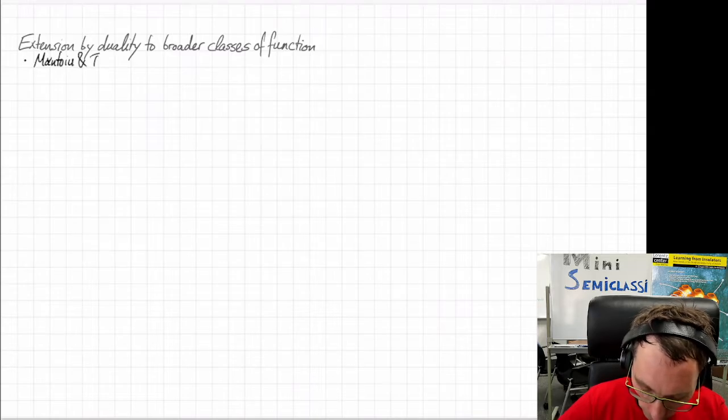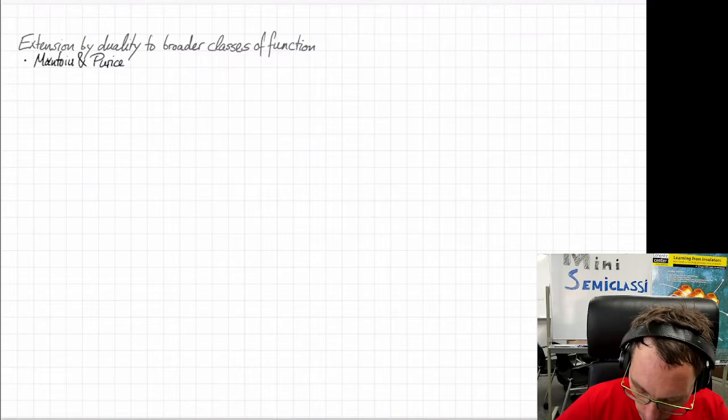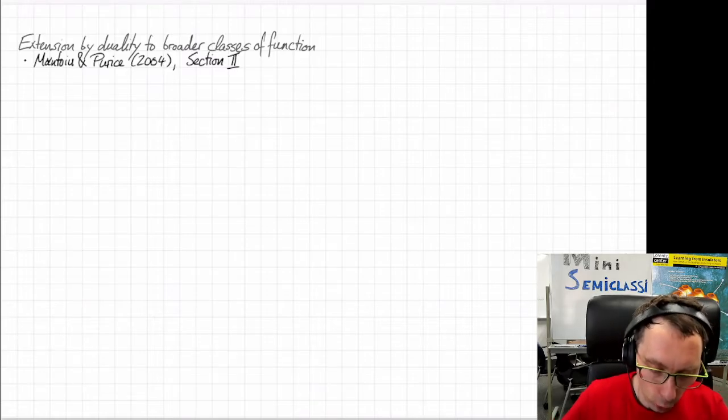In particular, section 2 for the non-magnetic case, and the rest of the paper in case you want to know how to do it with the magnetic field.